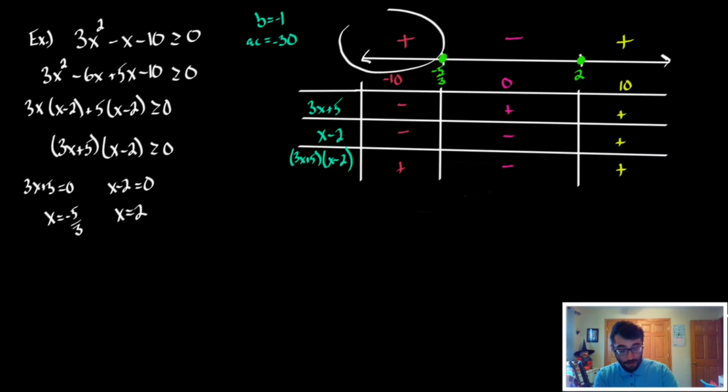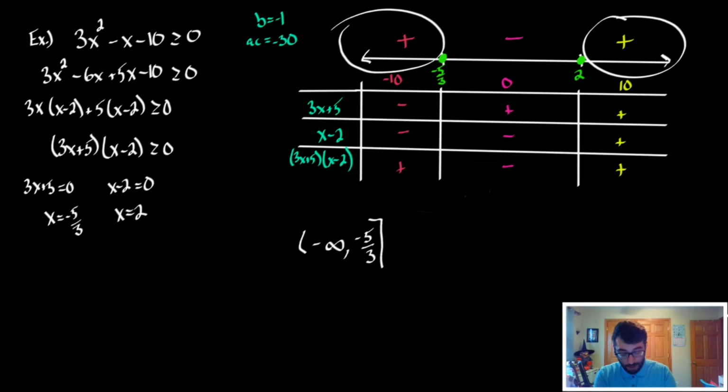It happens in this interval here and this interval here. So we are positive from negative infinity all the way up to negative 5/3, and it is or equal to, so I can include negative 5/3, or from positive 2, and once again it was or equal to, so I can include 2, and it goes from 2 all the way to positive infinity. So that would end up being our answer for this particular example.